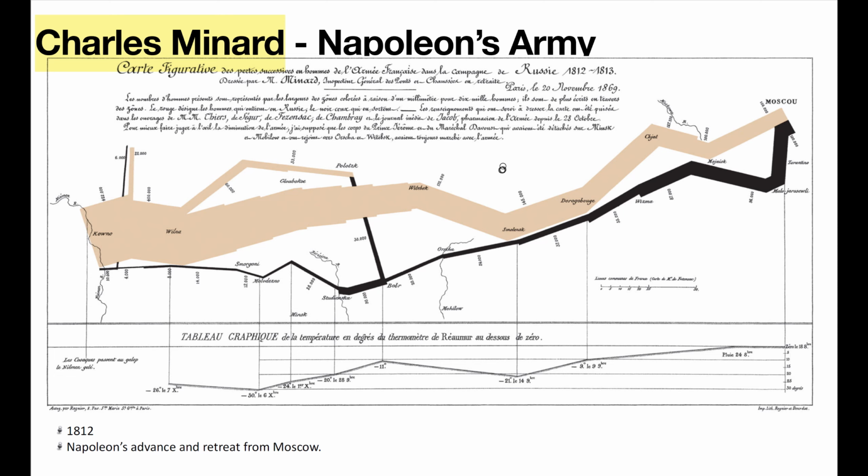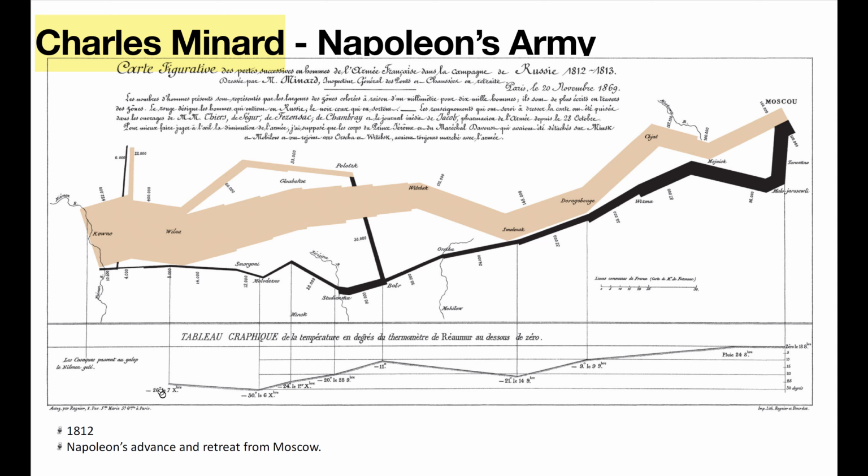It shows what happened to Napoleon's army when they crossed into Russia from Poland in attempting to take Moscow. The brownish color indicates how many troops there were in the army on the way to Moscow, and the black part shows how many troops remained in the army in the retreat from Moscow.